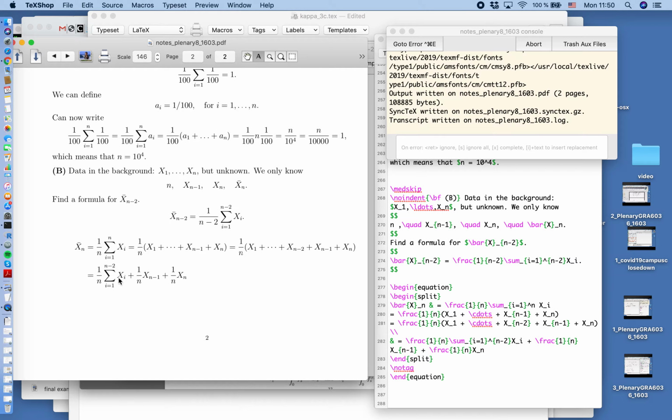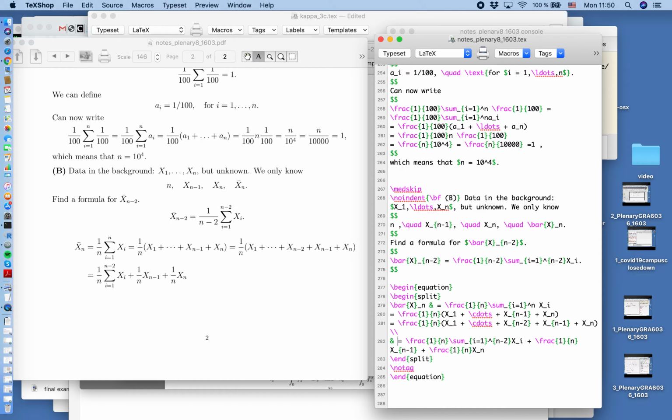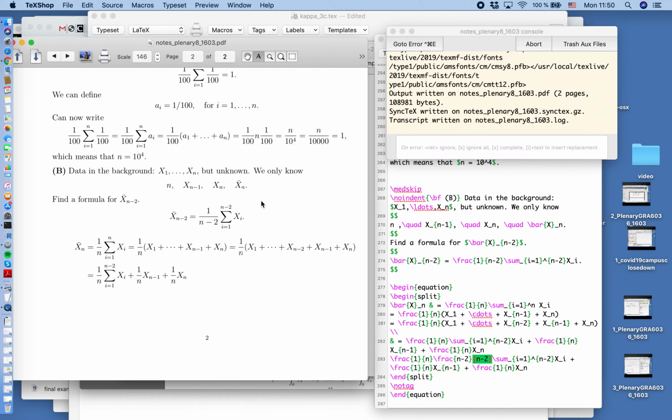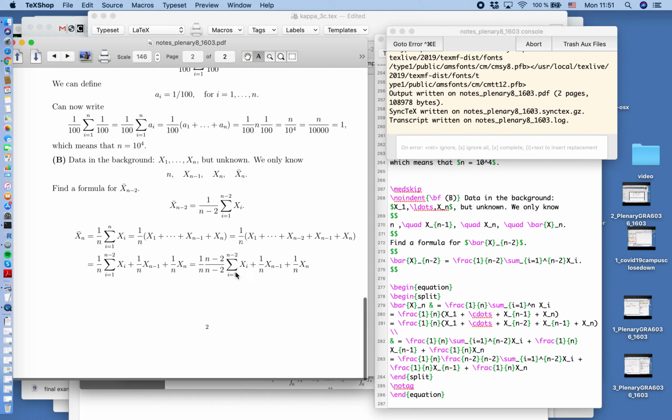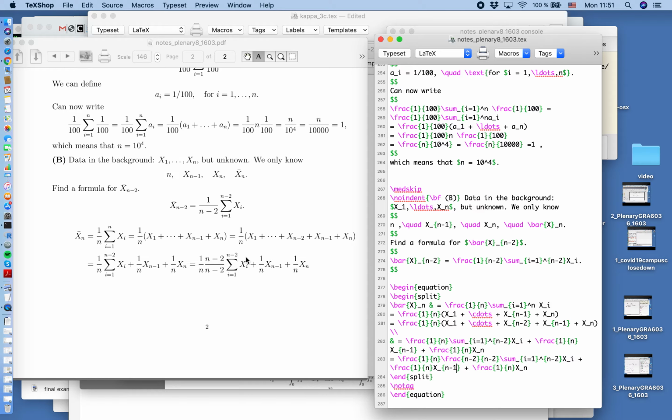Now we see that since here we have this sum, we're close to getting this mean. A trick to get this mean is to multiply this term by 1 in the correct fashion. Then we have an equality here, and now we see that this sum multiplied by 1 over n minus 2 is this mean.